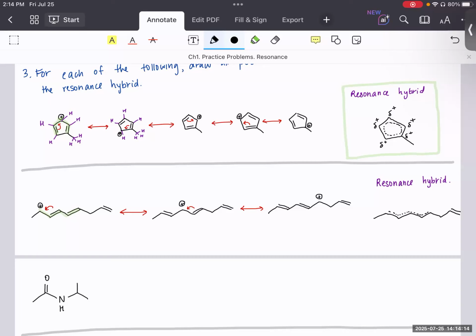And so here we can see that it's those 5 carbons that are in the middle. And then we're going to place delta positives on just the carbons that had a positive charge in any of those resonance structures. So we had a positive charge here, and a positive charge here. And that's what matches up with the delta positives in the resonance hybrid.